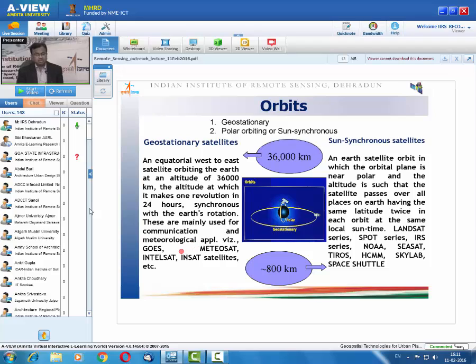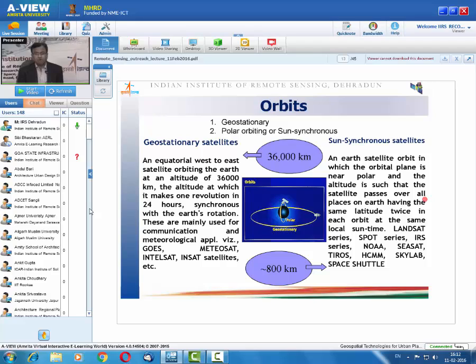Some of the satellites placed in geostationary orbit are GOES, Meteosat, Intelsat, INSAT, and so forth. The sun synchronous satellite is normally used for remote sensing, in which the orbital plane is near polar and the altitude is such that the satellite passes over all places on Earth having the same latitude twice in each orbit at the same local time.